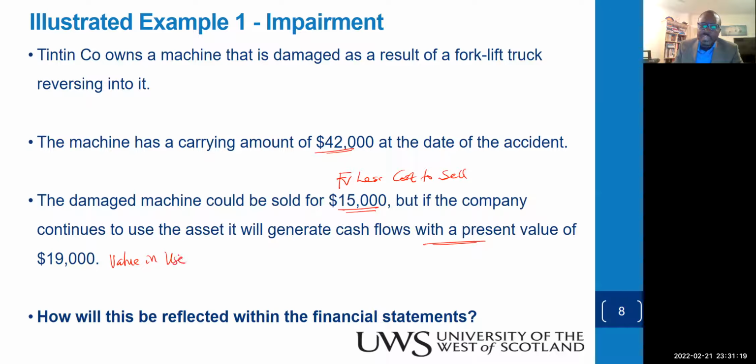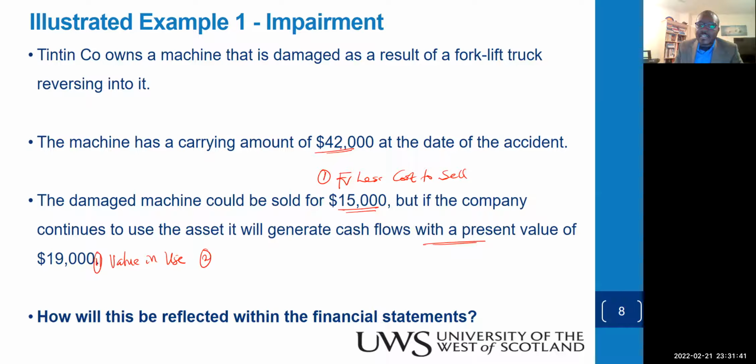The value in use is always linked to the present value. Be careful, note this. The question is, how should this be reflected? Remember, we are told that the recoverable amount is the higher of this and this. So which one is higher? This one. So we'll pick this. This is the recoverable amount.